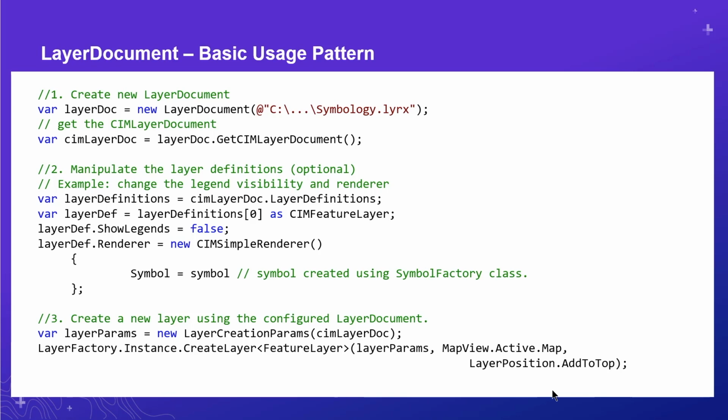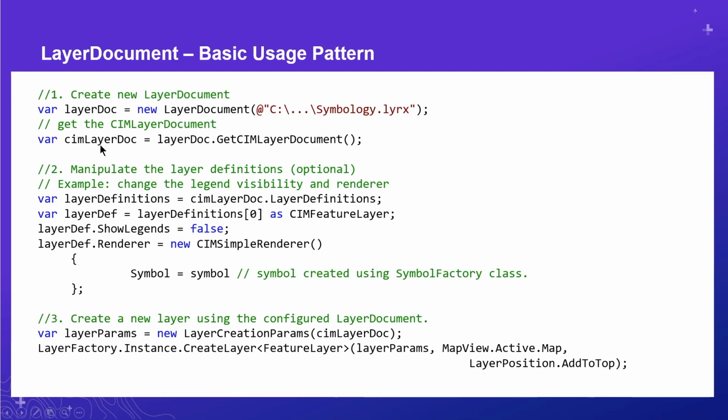So here is a code snippet of the pattern to use while working with the layer documents. I've highlighted the three main sequences over here. First, here I'm creating a new layer document using the constructor. In this case, I'm passing the layerx file.